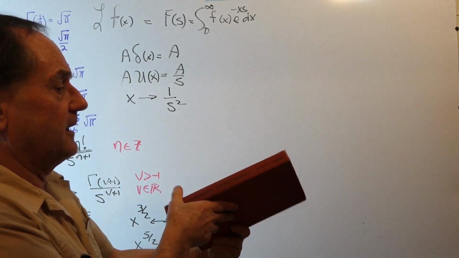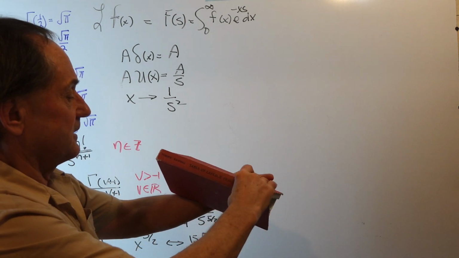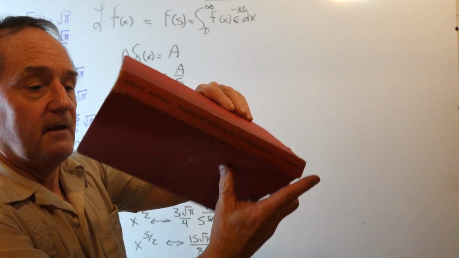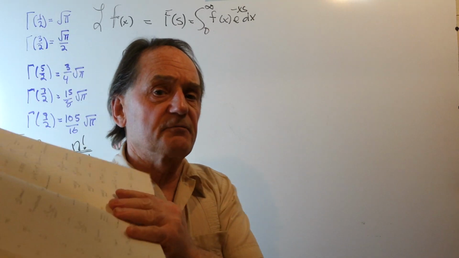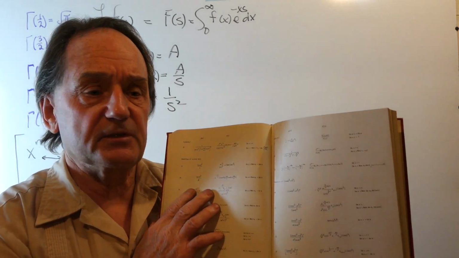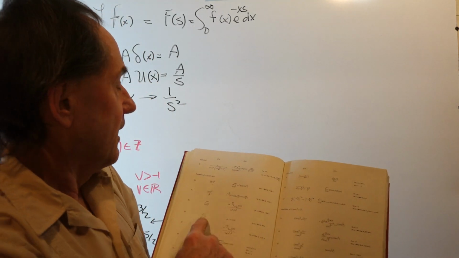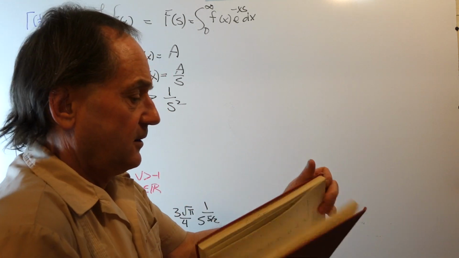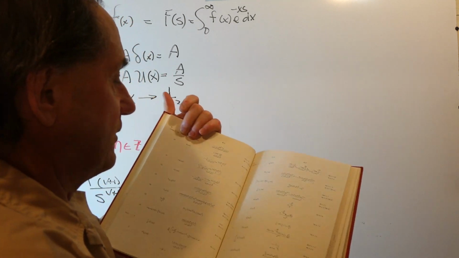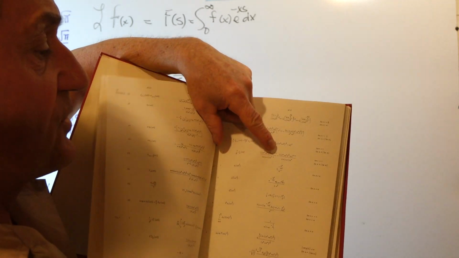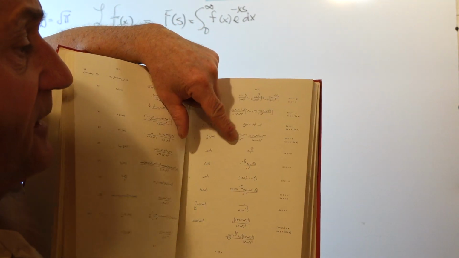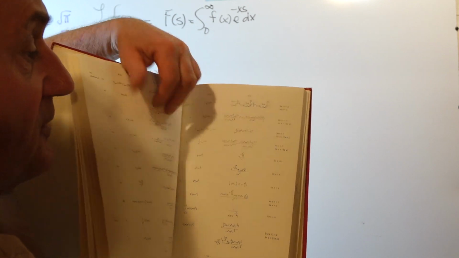This is by Roberts and Kaufman, Tables of Laplace Transforms. And there's hundreds upon hundreds of pages of Laplace transform pairs. You get a function in the x domain, and you find the particular form that you're looking for, and then you just read off what the function of s is in the Laplace space or in the frequency domain.